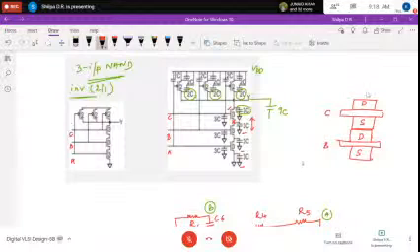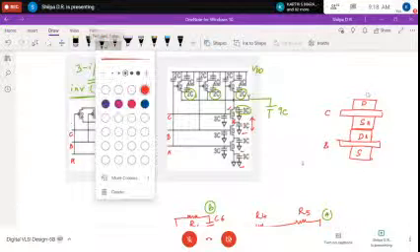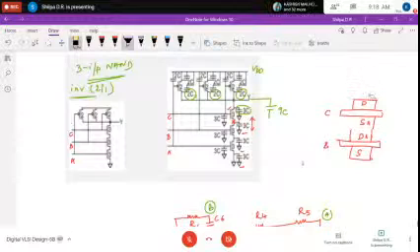But what happens is that this source and drain are shared. This is n material, and this is also n material. Shared means you need not create two diffusions. Instead of having two diffusions, you can have a single diffusion while doing layout, since they are shared.